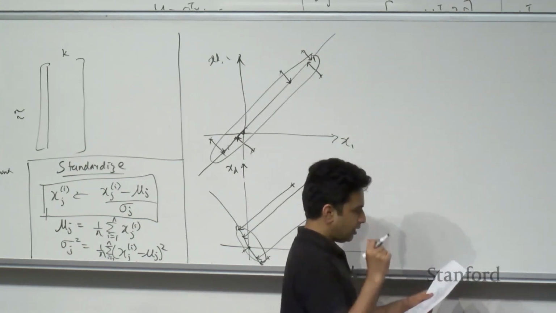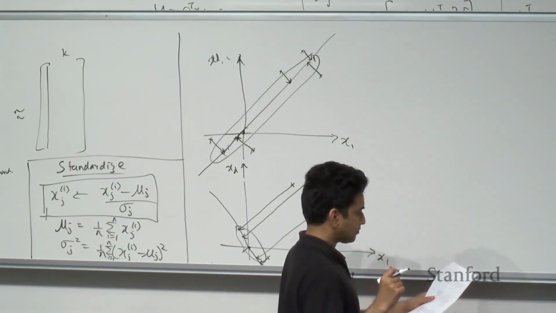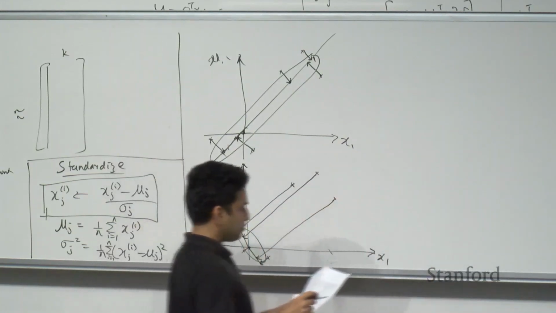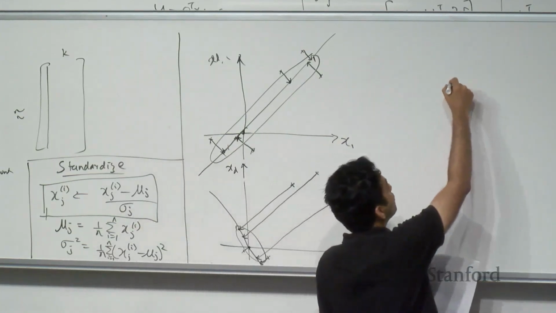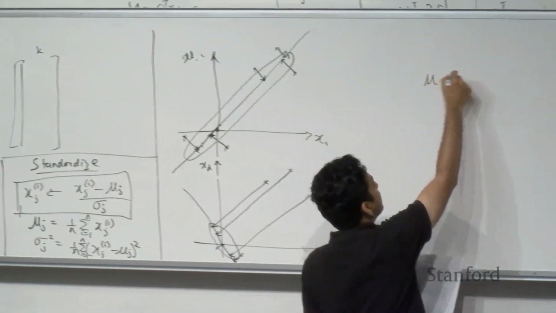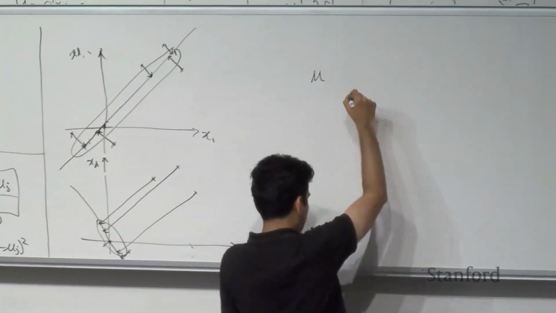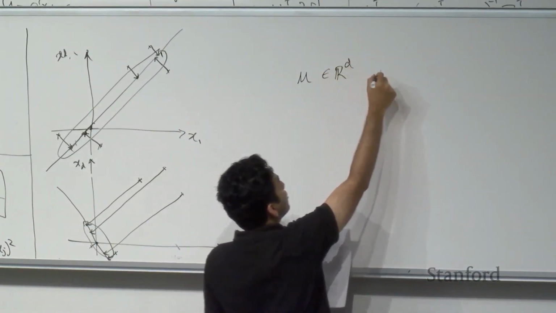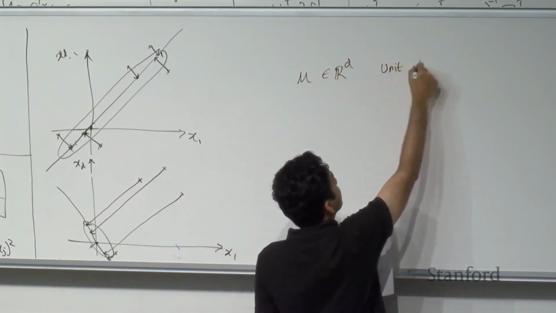Suppose we represent the low dimensional subspace with unit vectors u. You can think of u in R^d to be unit length.